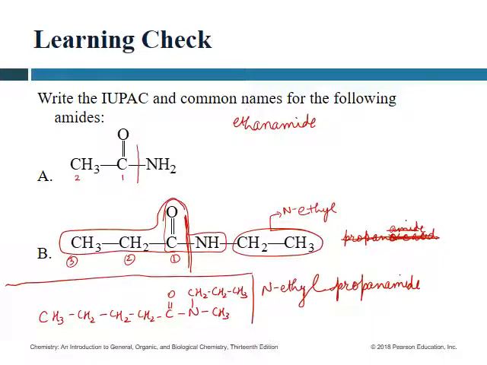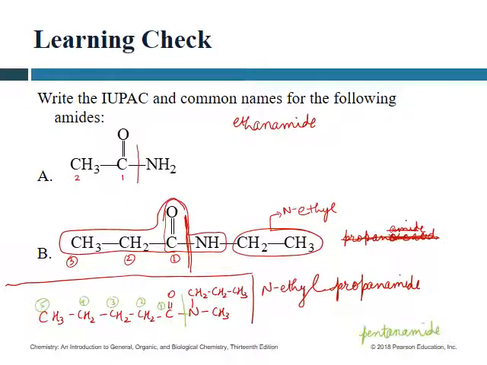The longest chain would be 5, so it's pentanamide. We see it's an amide, so we break it right here and find our longest parent chain: 1, 2, 3, 4, 5. This is pentanamide.